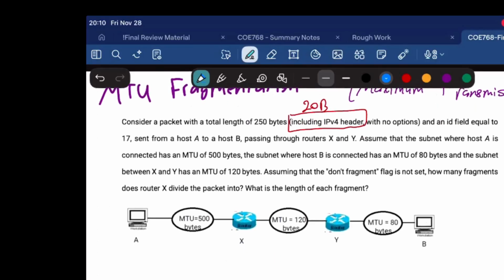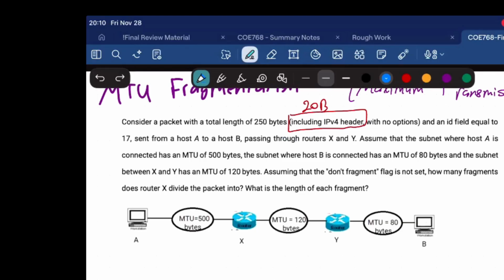So first bit of business. The most important thing to be sure of is this statement. We have this 20 bytes of additional data that needs to be added to each of the fragmented frames that are going to be sent out.